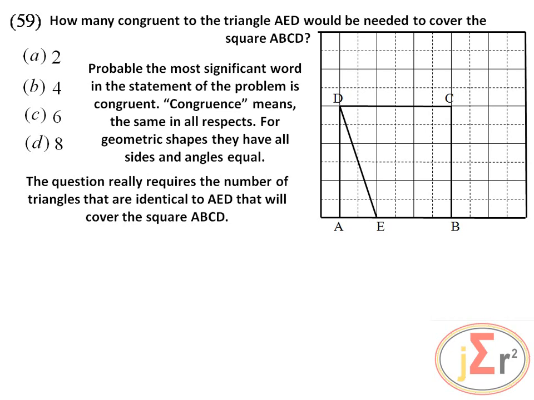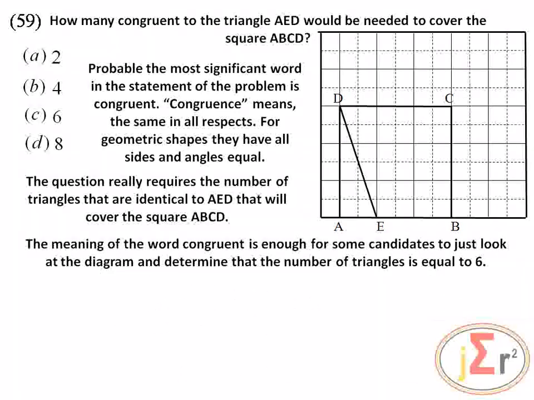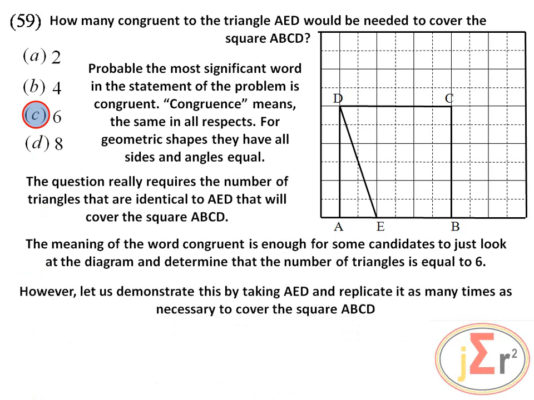The question really requires the number of triangles that are identical to AED that will cover the square ABCD. The meaning of the word congruent is enough for some candidates to just look at the diagram and determine that the number of triangles is equal to 6. No problem doing that very quickly. Option C is correct.